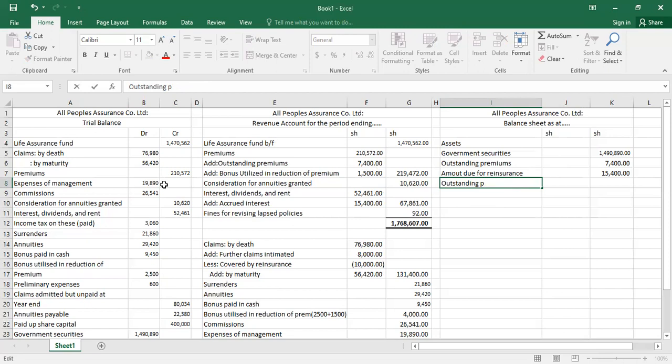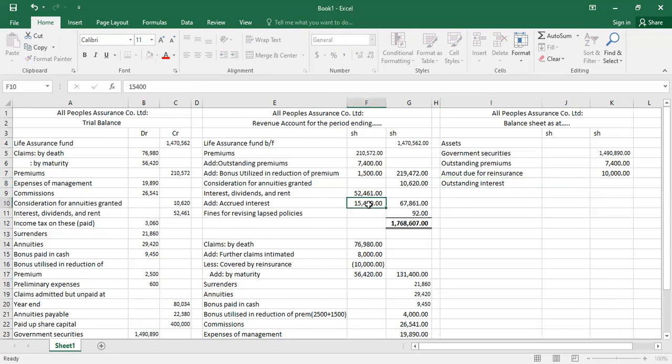The amount due for insurance was, I'm mixing issues. So this is supposed to be 10,000, sorry. The outstanding interest is the one that is more alone in this one.